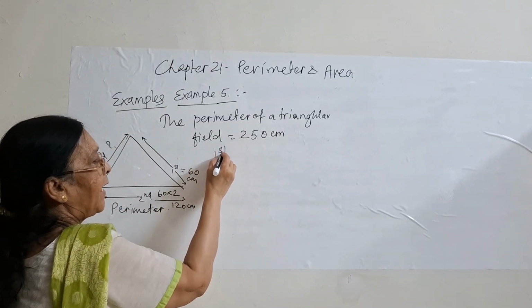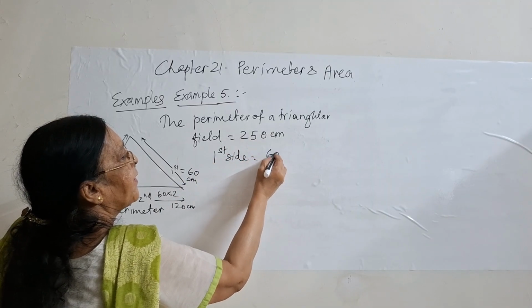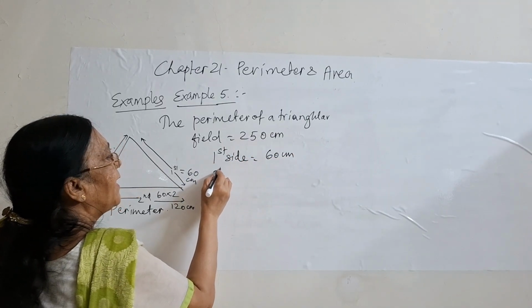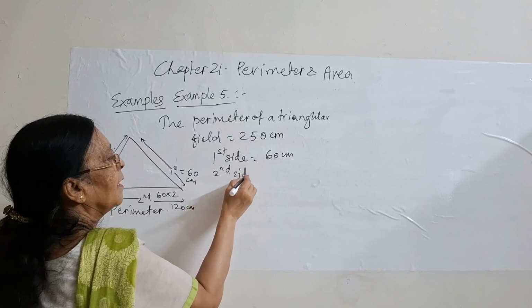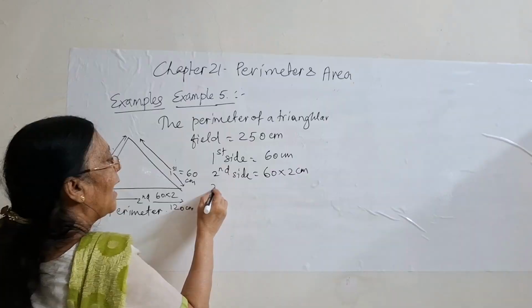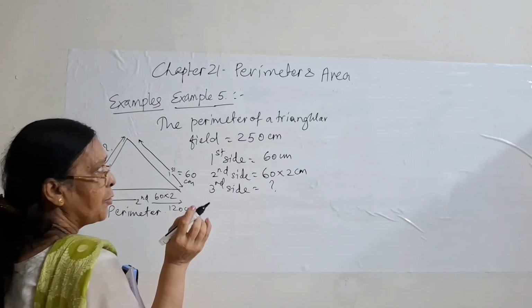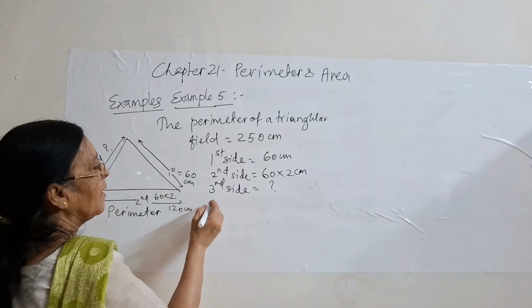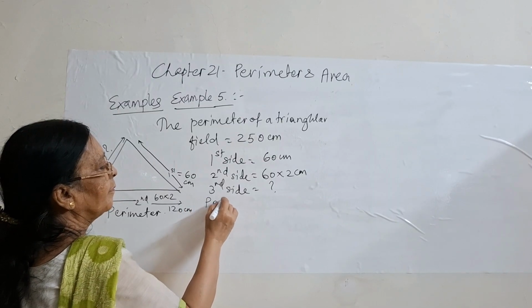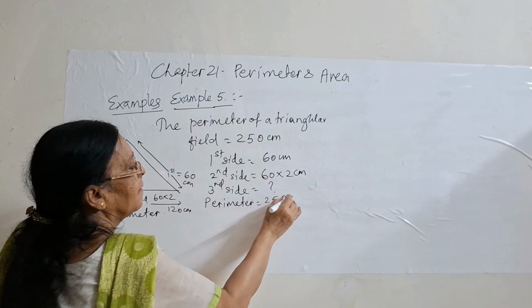So the first side is 60 centimeters. The second side is 2 into 60 centimeters. And the third side we have to find out. So here the perimeter equals 250.